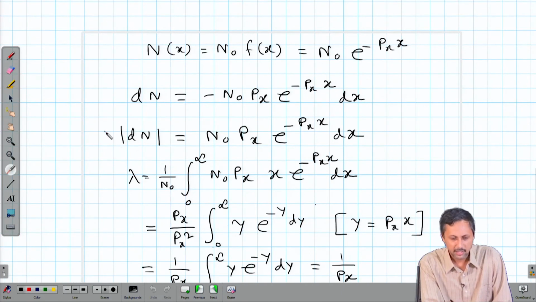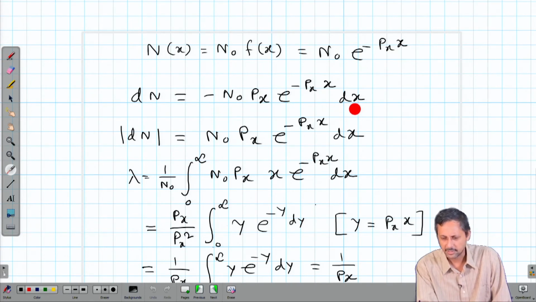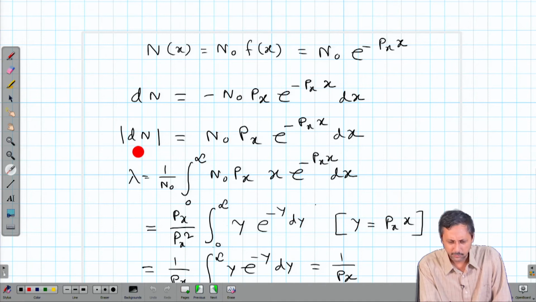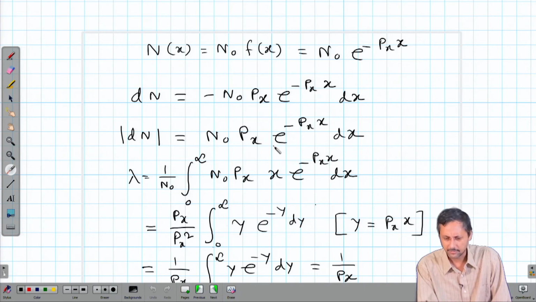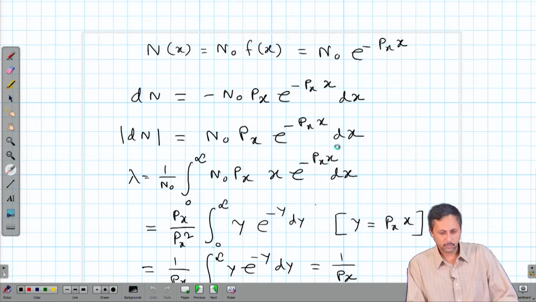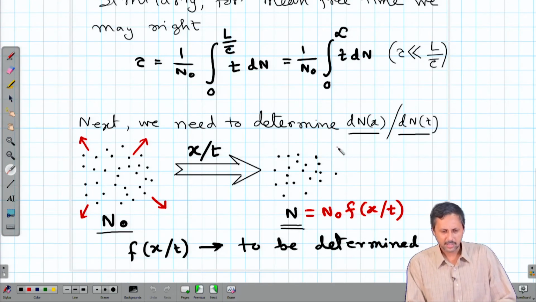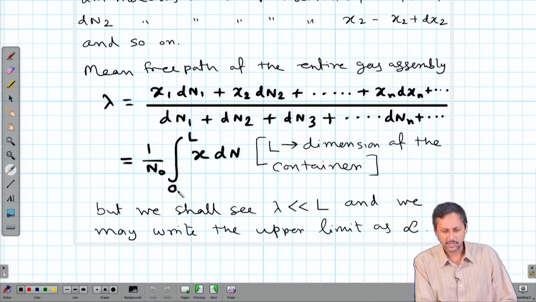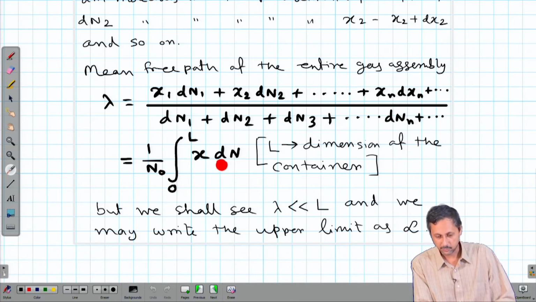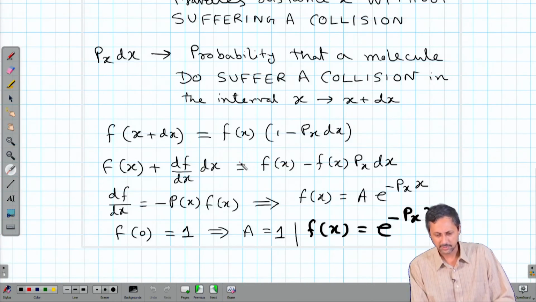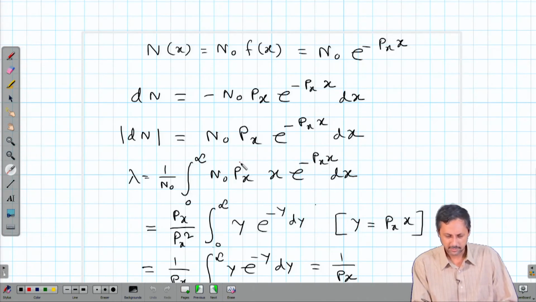What is dn? dn is minus n0 p_x e to the power minus p_x x dx. So, the number we are interested in is only the magnitude, and this magnitude will be this without the negative sign here. Now, let us go back to the expression for lambda. Lambda is equal to 1 over n0, integral 0 to L of x dn. We already have computed an expression for dn.